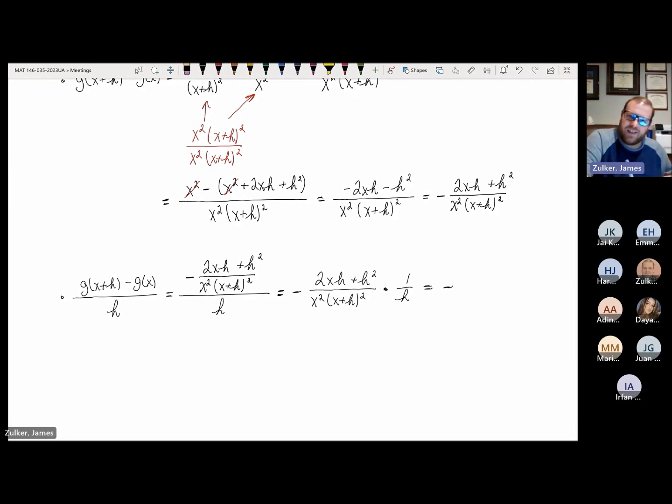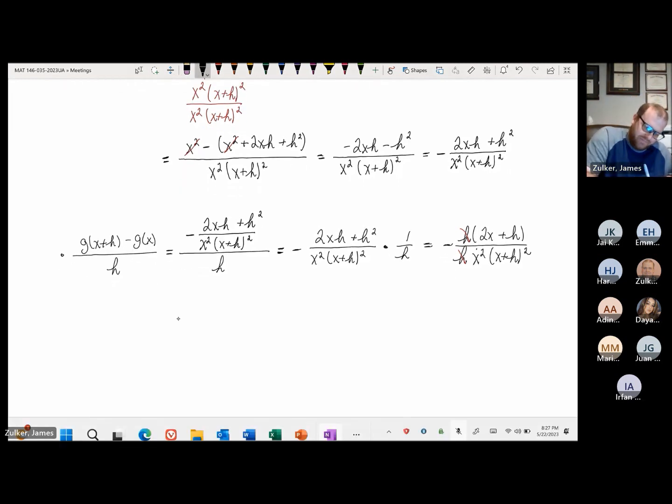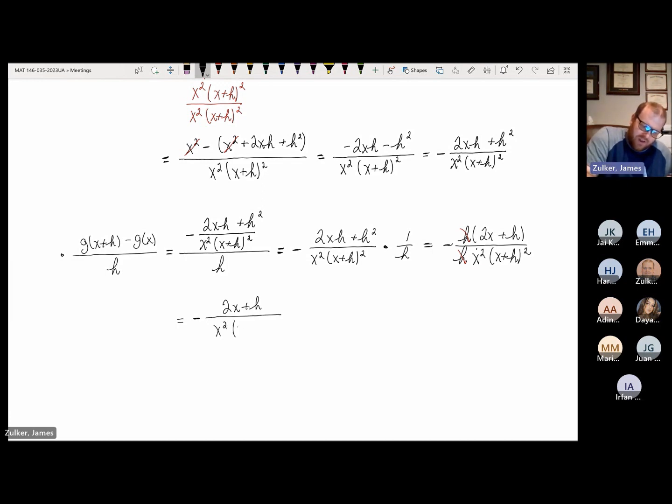I'm also going to go ahead and factor out that h that you suggested in the numerator. Then you have h over h, which is 1. And we are left with negative 2x plus h over x squared times x plus h quantity squared.